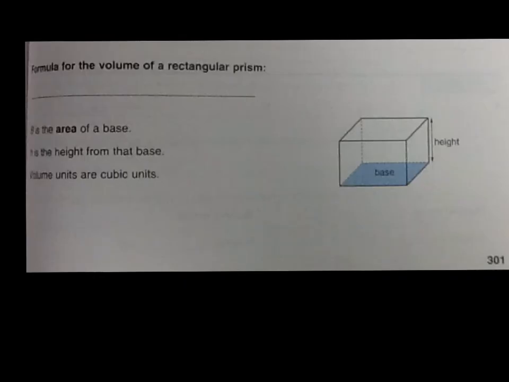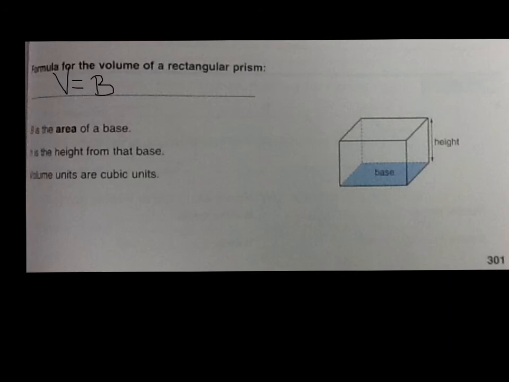Now let's take a look quick at the bottom of page 301. It's very important that everybody writes down this formula because it's one we'll need to know. So it says the formula for volume of a rectangular prism, and we have here this base is shaded in, and it shows us the height, which are the two things we're going to use. So volume would be V equals a capital B, which is a little bit different.